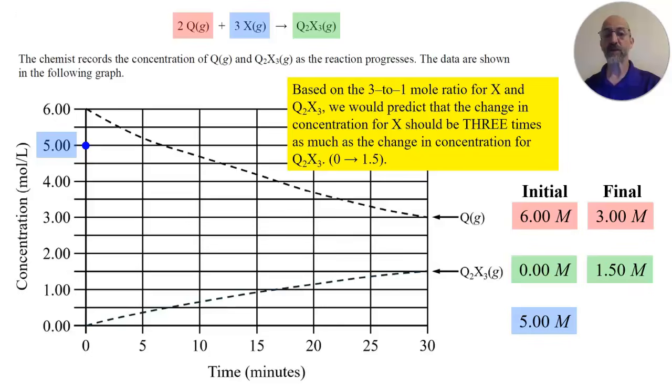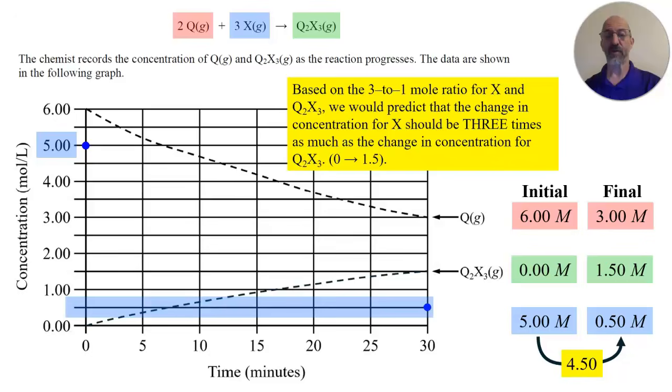Now, based on the 3-to-1 mole ratio for X and Q2X3, because I can see a coefficient of 3 next to the X, and a coefficient of 1 understood next to the product Q2X3, we would predict that the change in concentration for X should be 3 times as much as the change in concentration for the product Q2X3. So what's 3 times 1.5? Well, 3 times 1.5 is 4.5. So we would expect that the final concentration of X would be 5 minus 4.5, which is 0.5.